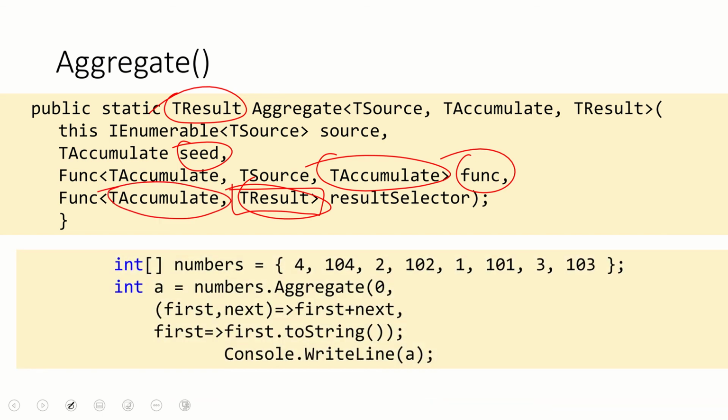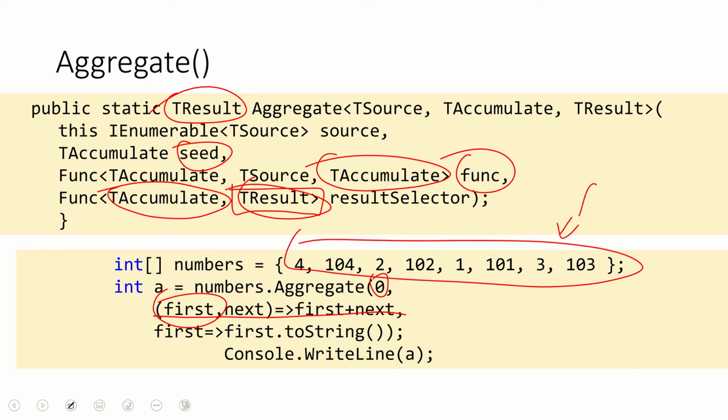Let's say this one. In this one, what we're trying to do is take 0 as the initial value and add them together, right? But once we get the result, this one basically the result will eventually be what we call first, right?